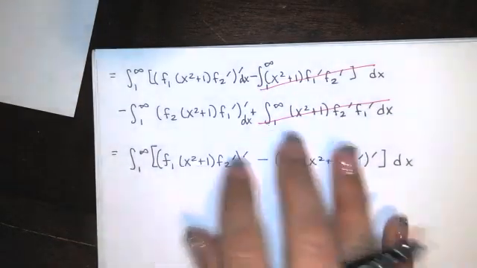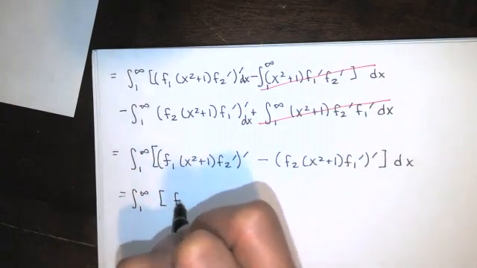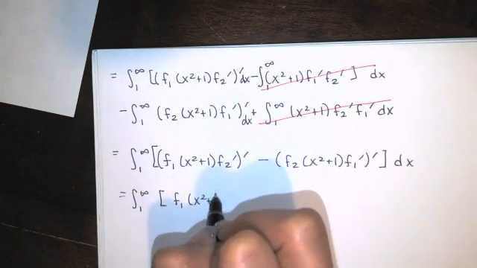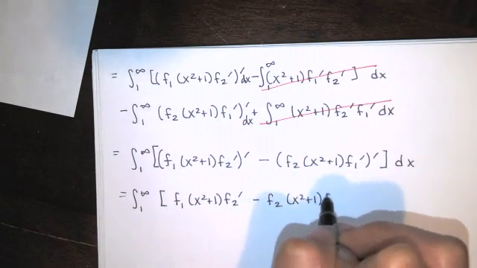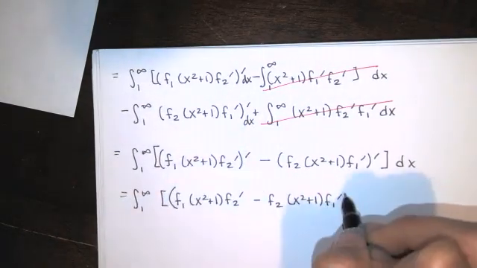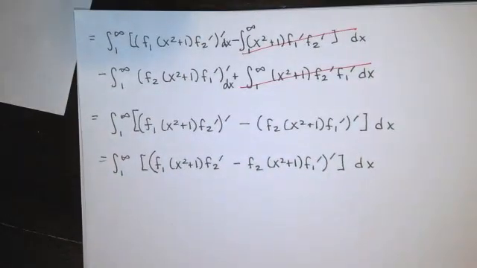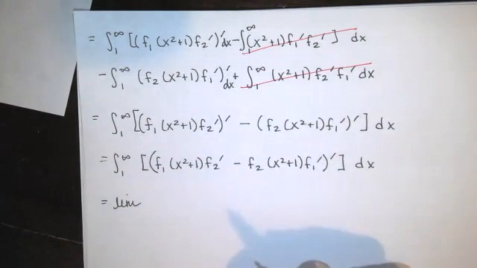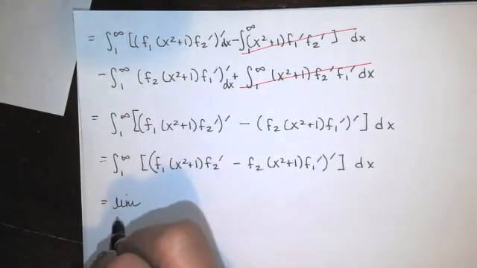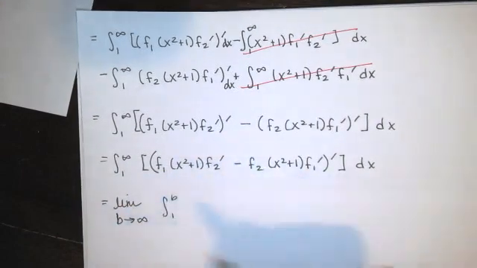And because of the way derivatives work, of course, we could take that and write it as a single derivative. All right. Now, we know from calculus 2 that every improper integral is actually the limit of a proper integral. So I'll take the limit as b goes to infinity of the integral from 1 to b of this.